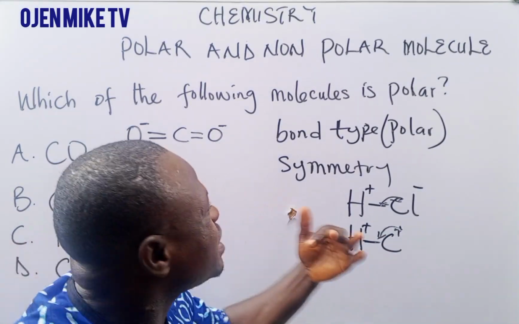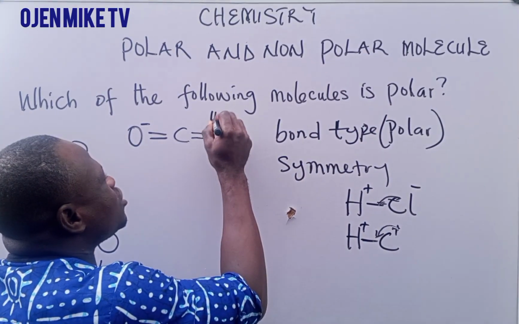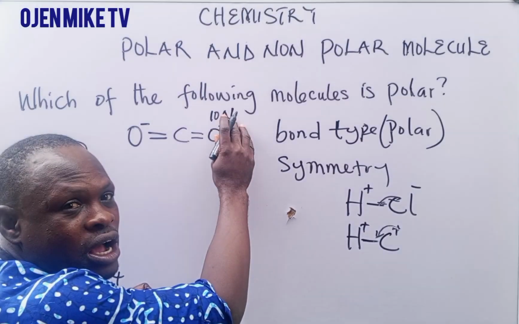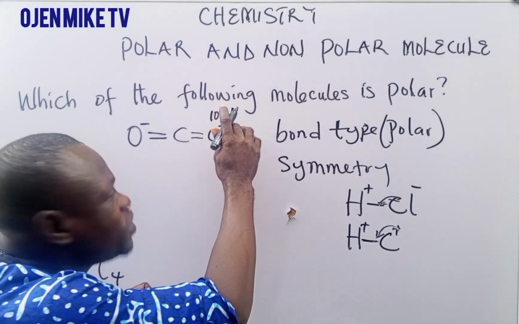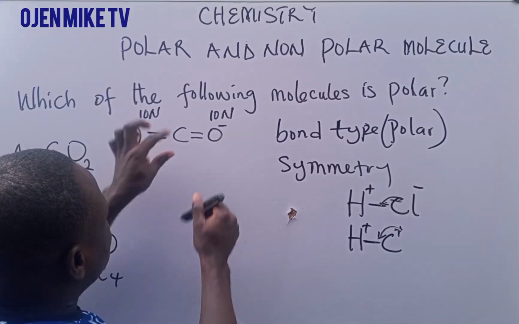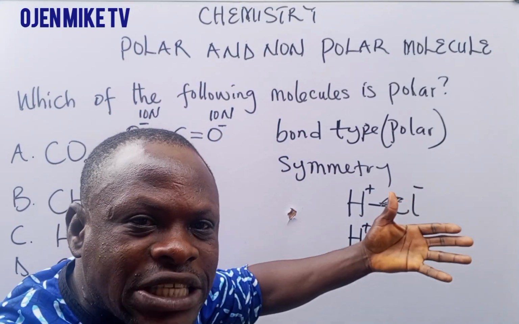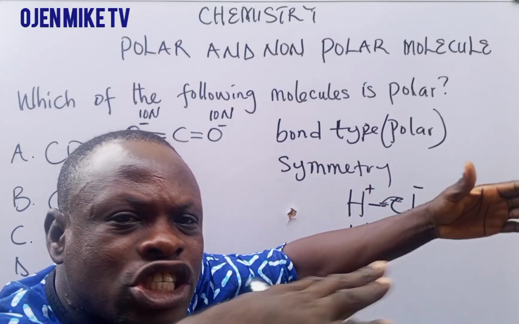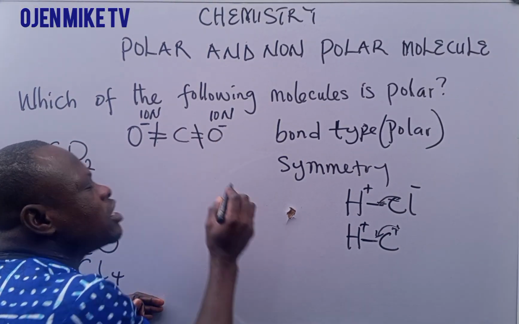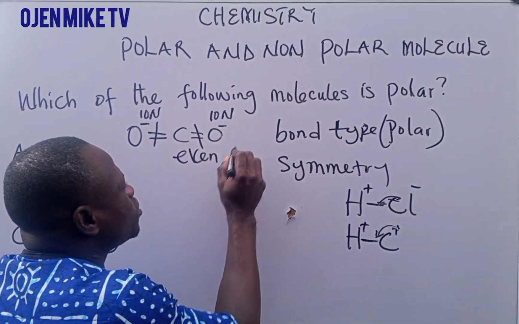Since there is equal distribution, it is non-polar. If one oxygen pulls with a force of 10 newtons, the other also pulls 10 newtons. If they want to drag this carbon, the two of them will drag it the same. It means there is even distribution. The dipoles cancel out, meaning there is even or equal distribution.